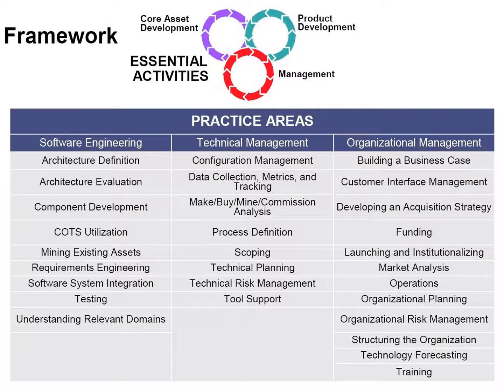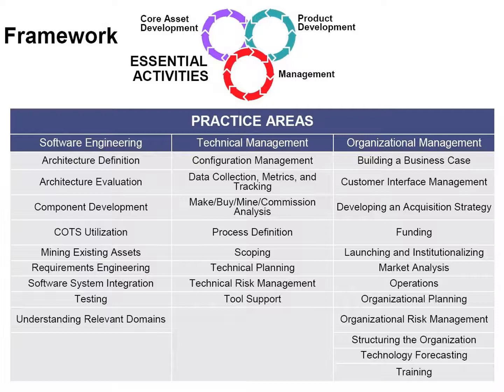So, of course, how do these different essential activities divide the different things? Well, the framework is here: software engineering, technical management, organizational management. So what sort of things do we need to consider when we are doing the software product line thinking? Software engineering has more or less all the things that you'd consider them to have.